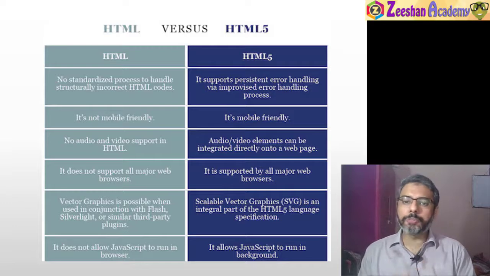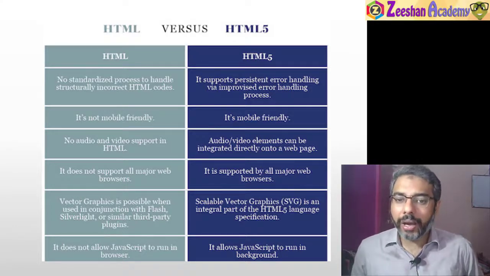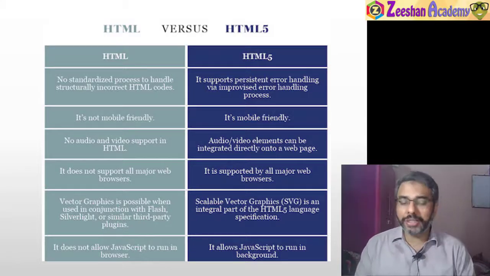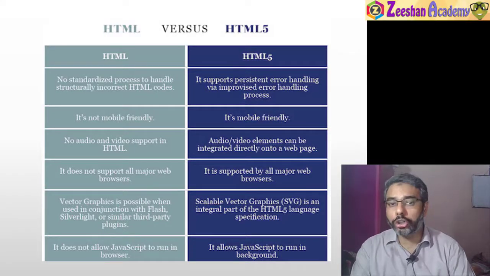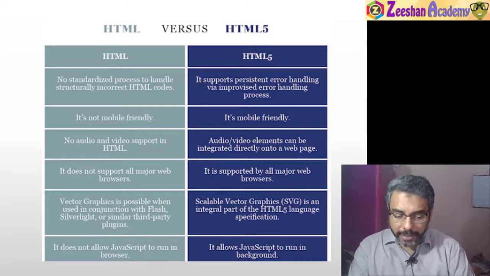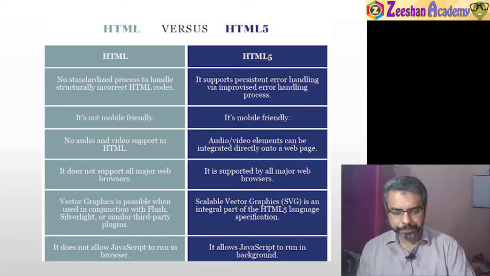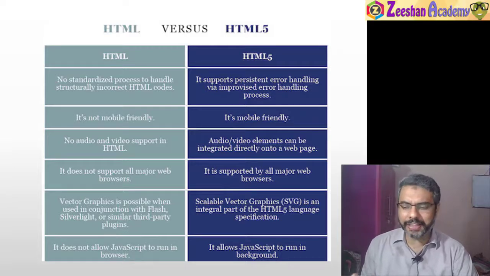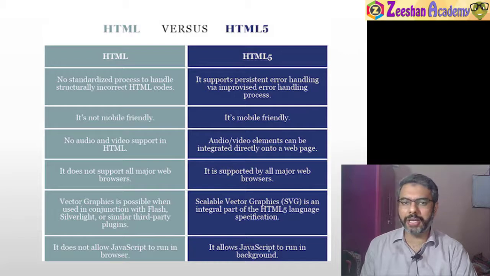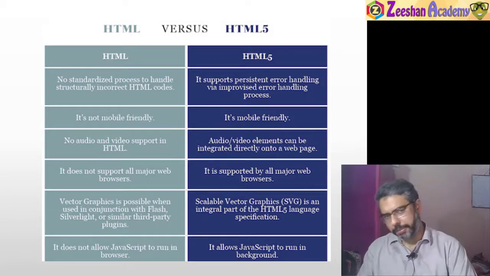However, HTML5 supports persistent error handling via an improved error handling process. What that allows us to do is understand that your paragraph tag is not closed, your image tag has no backslash in it, or the BR tag is not correctly written, and we are able to identify errors within our HTML code, which results in creating more accurate and better websites that are compatible across multiple devices.